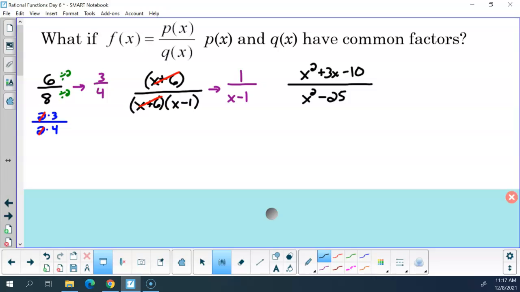Factor. What does the top factor to be? x plus 5 times x minus 2. What does the bottom factor to be?